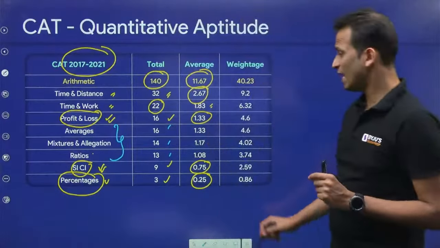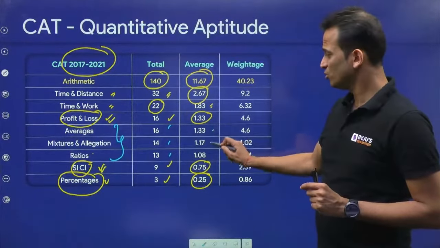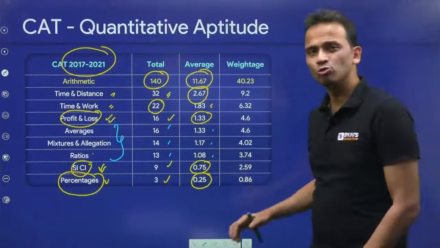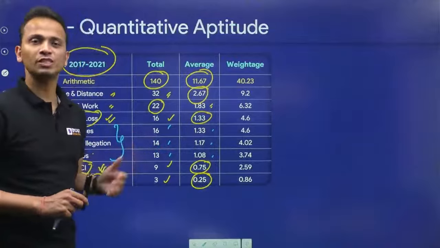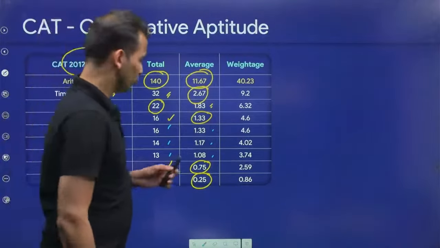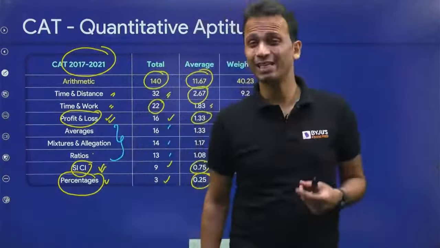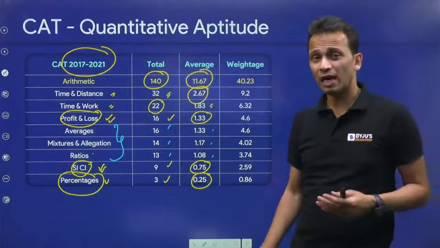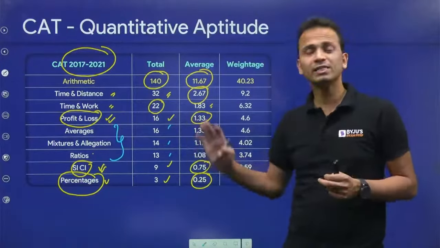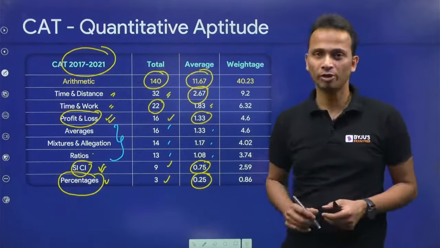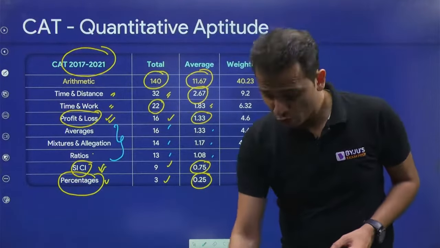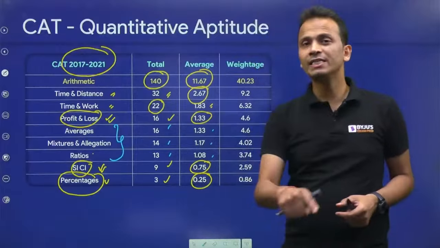On an average, if I add, somewhere around 3.5 questions on an average have appeared in each of these 5 years. So 3.5 is a big deal. If 3.5 to 4 questions are coming from a particular area, then I can say that this area is very important.